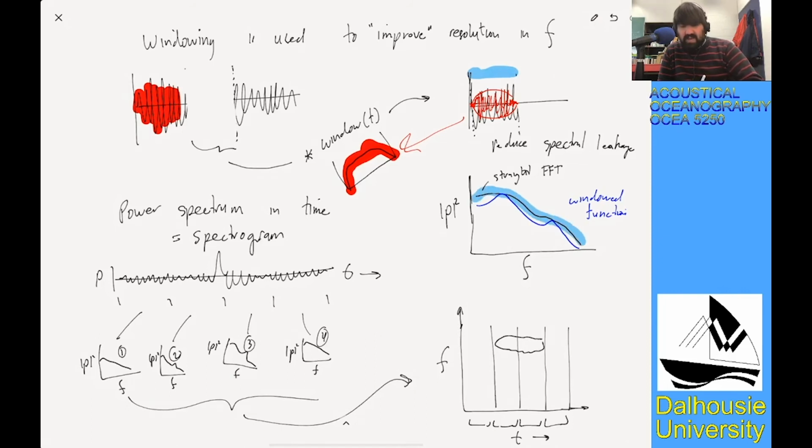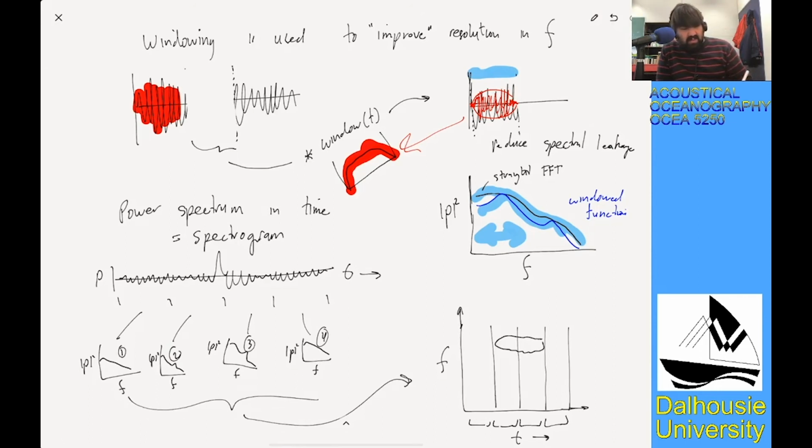You can see that you're able to resolve these peaks a little bit better when you window your function, because you're reducing how much the energy spreads out in the frequency domain. So you're not really improving your resolution in F, but you're improving how your function behaves during the processing.